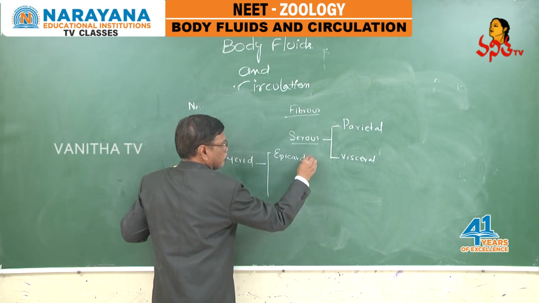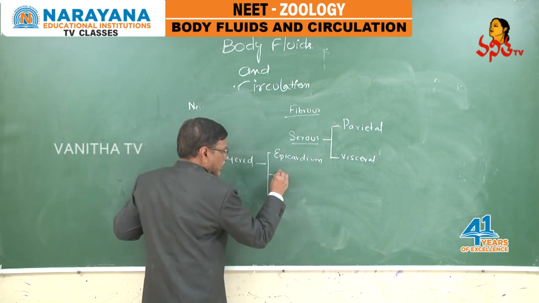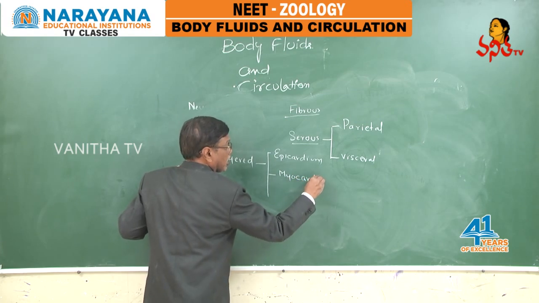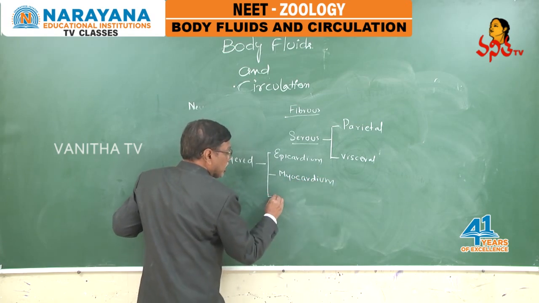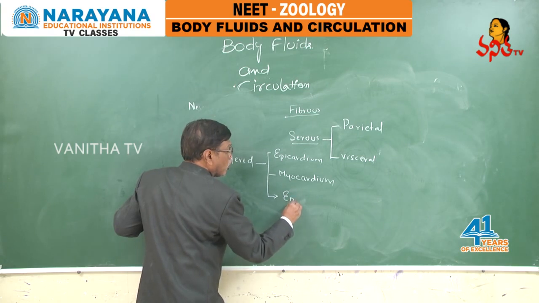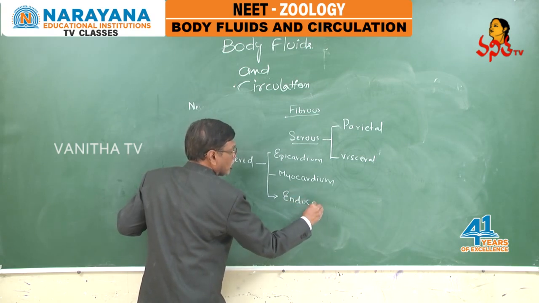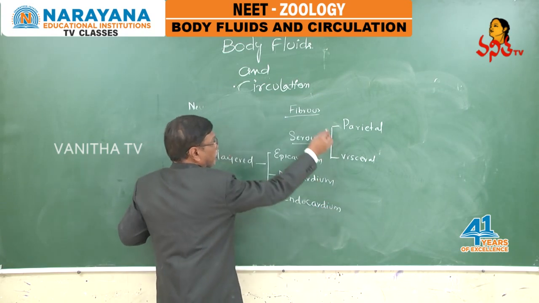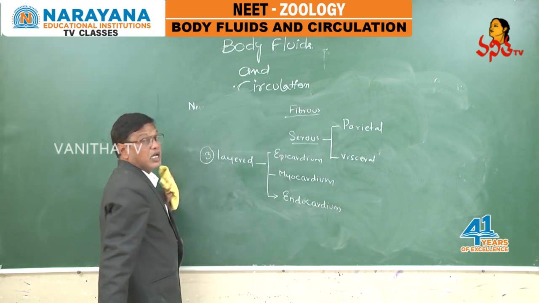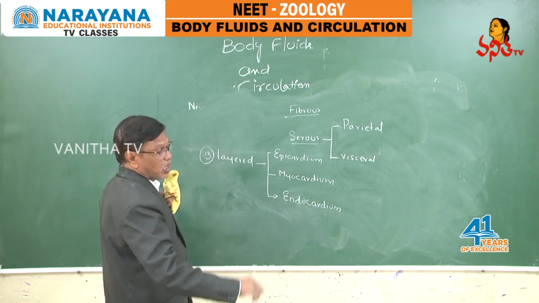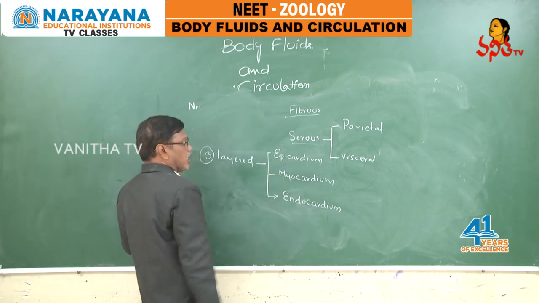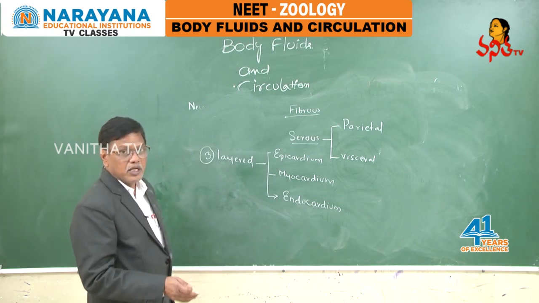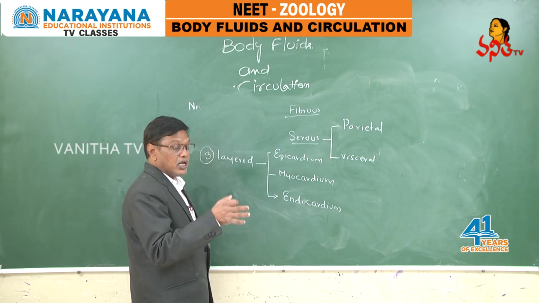The middle layer is the myocardium, and the innermost layer is the endocardium. Don't confuse the pericardial layers with the layers of the heart wall. Epicardium, myocardium and endocardium are the three different layers from outside to inside in the heart wall.